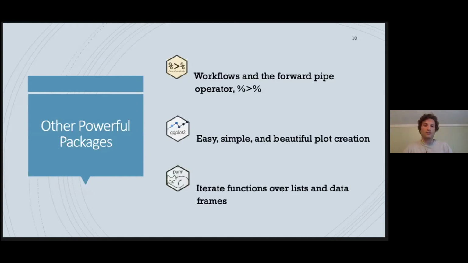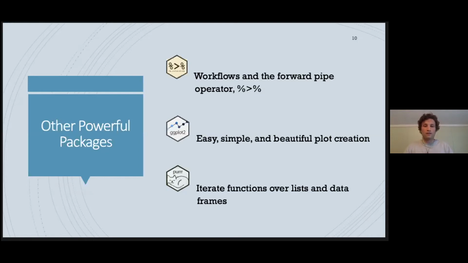So imagine that you just want to perform the same operation over and over again on 5 or 10 different data frames or lists that you have. Obviously, you don't want to write that code out 10 times. You just want to put it into a map function and get the results out. So that's pretty much the gist of the purrr package.